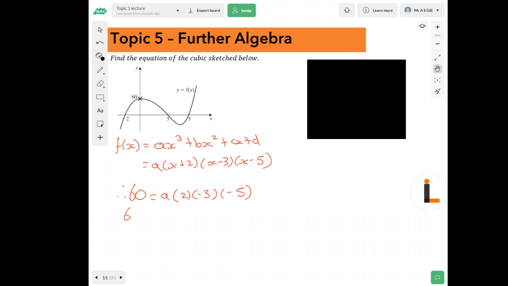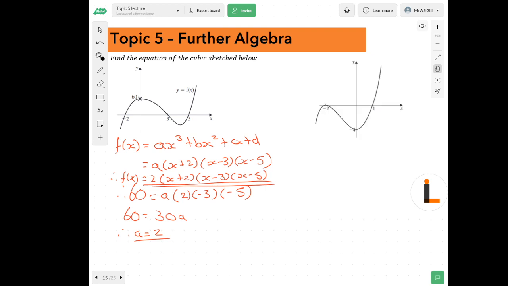So what we get here is 60 is equal to 30a, therefore a equals 2. So we can now say therefore f of x is equal to 2 brackets x plus 2, x minus 3, x minus 5. We could go through and multiply these out, but there's no real need to, so we can leave that as it is. Okay, so have a go at doing this question here on the right hand side.